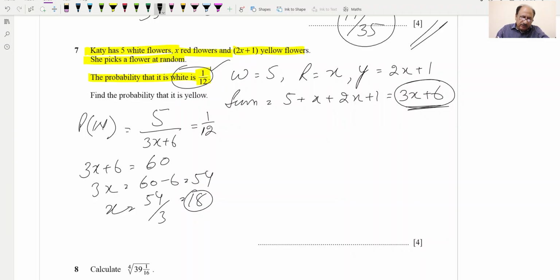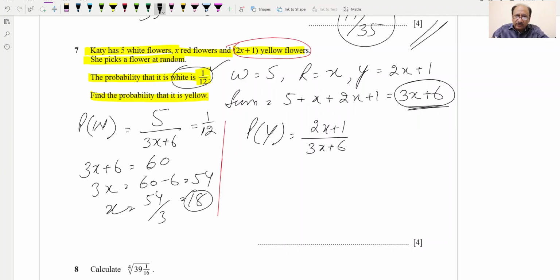Now they are saying we have to find the probability that it is yellow, and for yellow it is 2x plus 1. So probability of getting yellow will be equal to yellow, or 2x plus 1, and the total is 3x plus 6, and we will replace the value of x, which is 18, which we just found: 2 into 18 plus 1 divided by 3 into 18 plus 6.